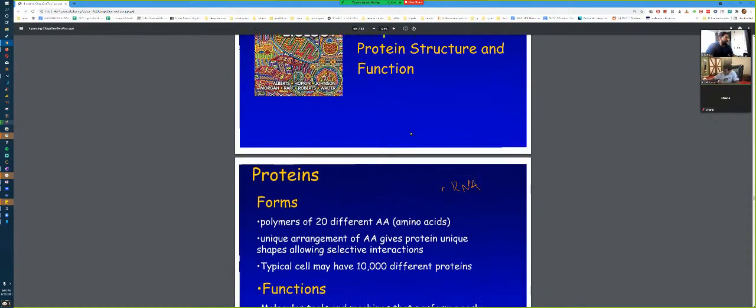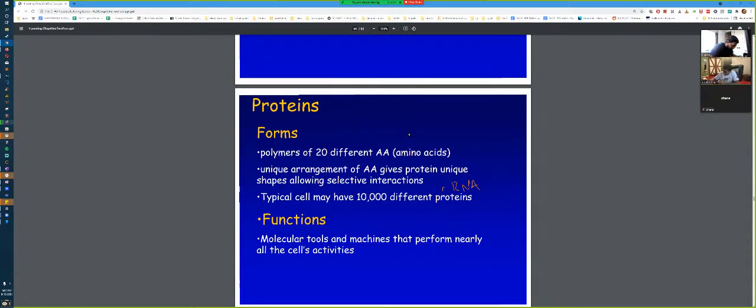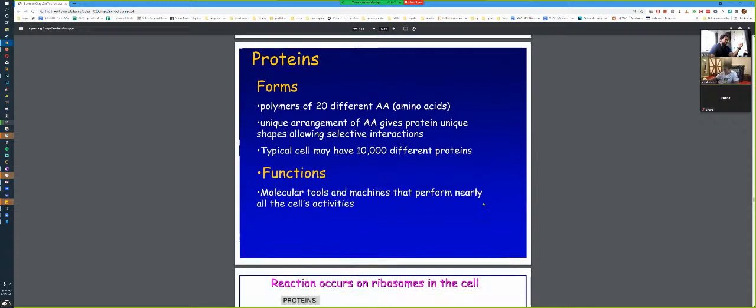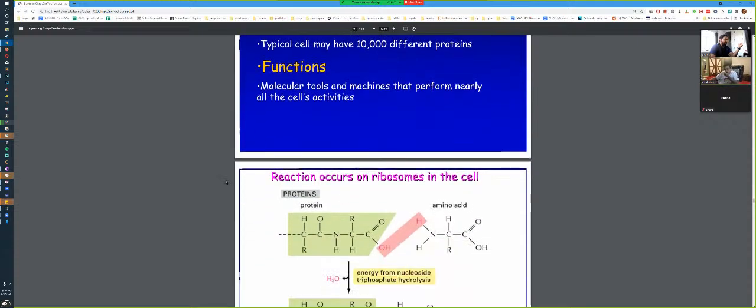Now, proteins. They're essentially polymers of 20 different amino acids. The unique arrangement of the amino acids gives them unique shapes, allowing selective interactions. A typical cell may have 10,000 different proteins. They do pretty much everything.